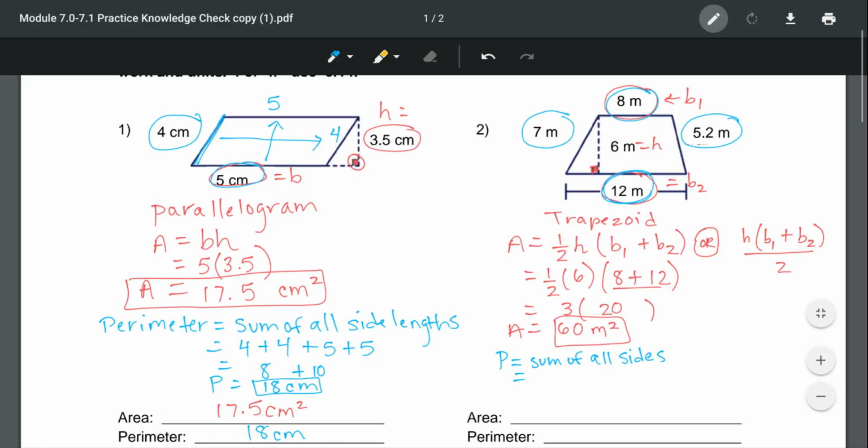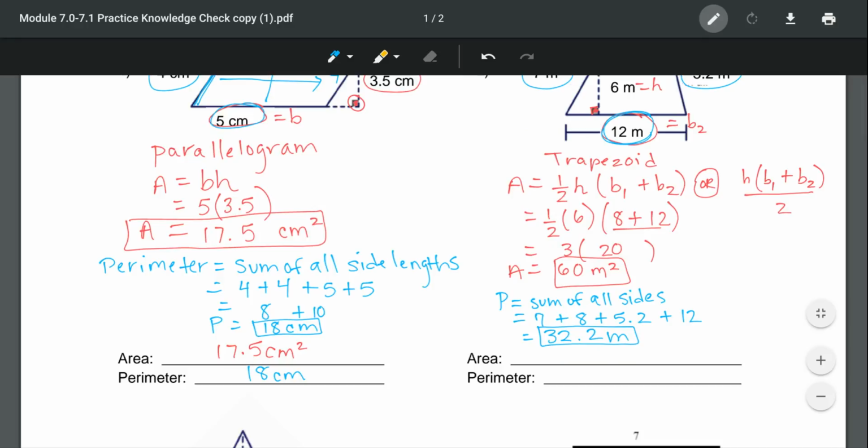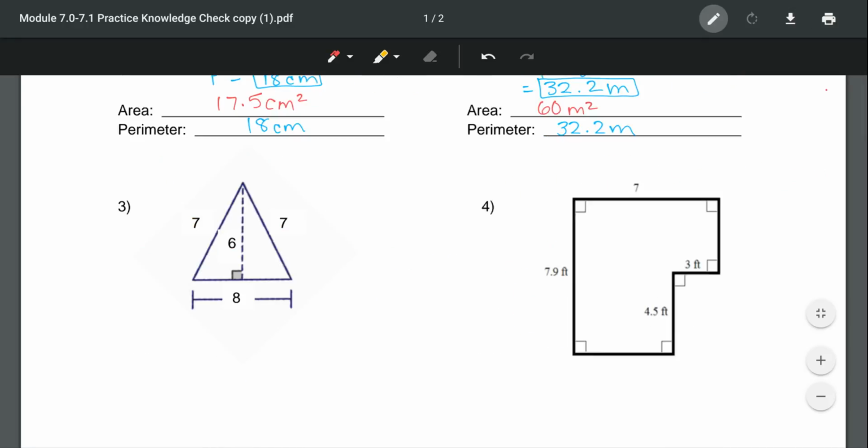But in this case, the height is drawn on the inside to show the distance between the two bases. It's not actually one of the side lengths, so you have to be careful with that. So you'd have 7 plus 8 plus 5.2 plus 12. Go ahead and calculate that using a calculator if you need to. You end up getting 32.2 meters.